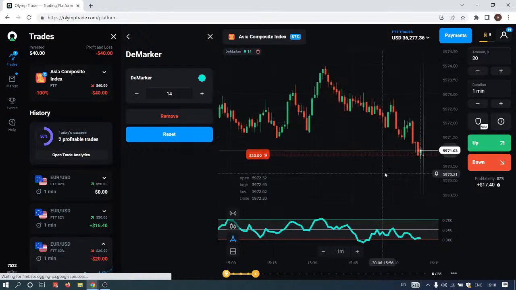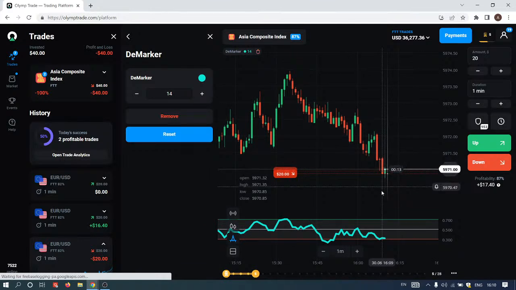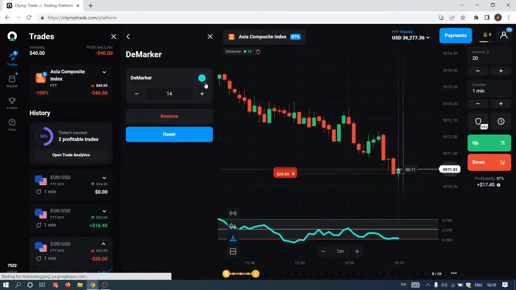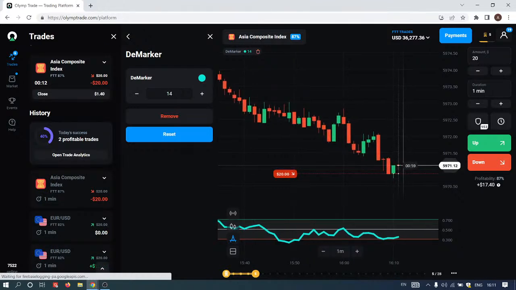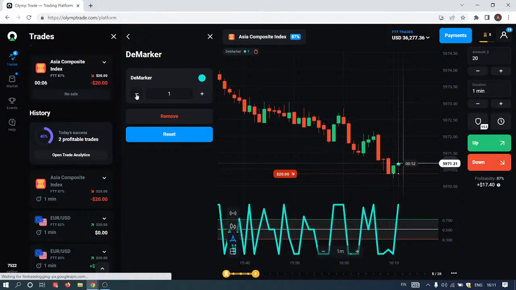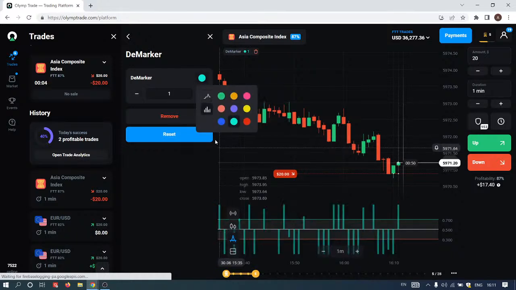And by adjusting the way it looks, changing this histogram and also changing the period to 14, you can actually have a form of triple-bound strategy in a way. But let's get back to our DeMarker one.